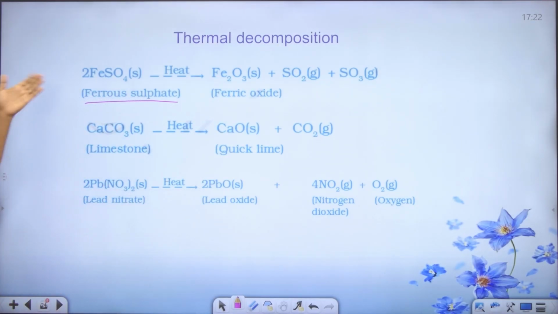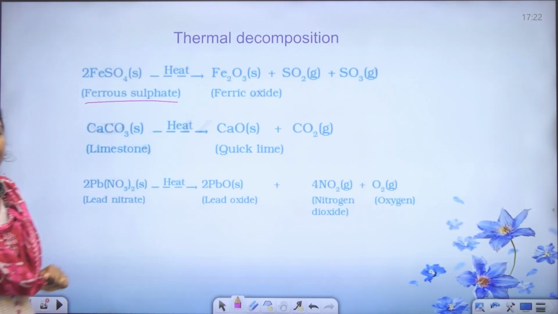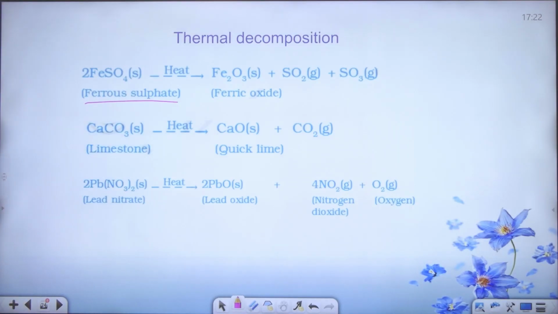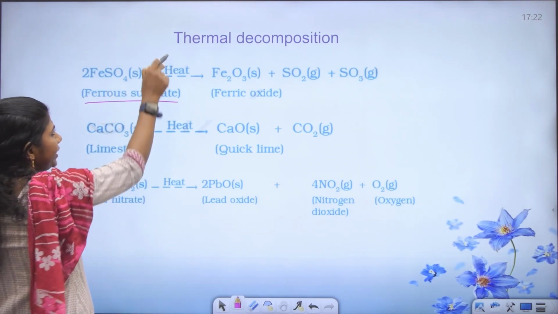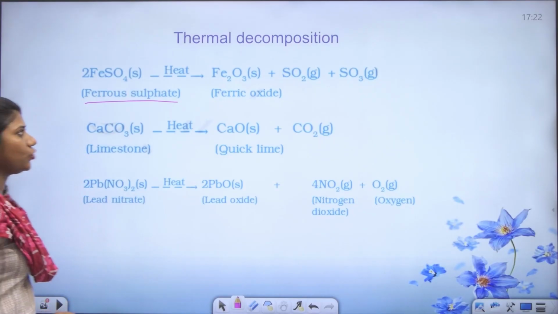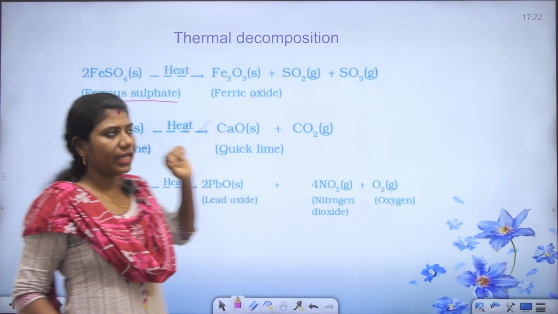That means it's a decomposition reaction. Here, decomposition is in the presence of heat energy. So, this reaction is a thermal decomposition reaction. FeSO4 decomposed in the presence of heat energy to form Fe2O3, SO2 and SO3.